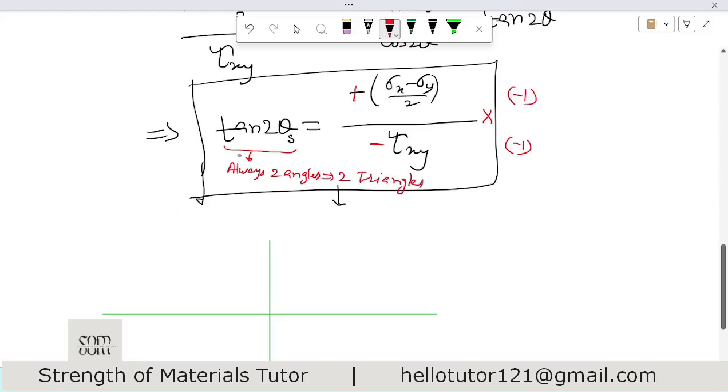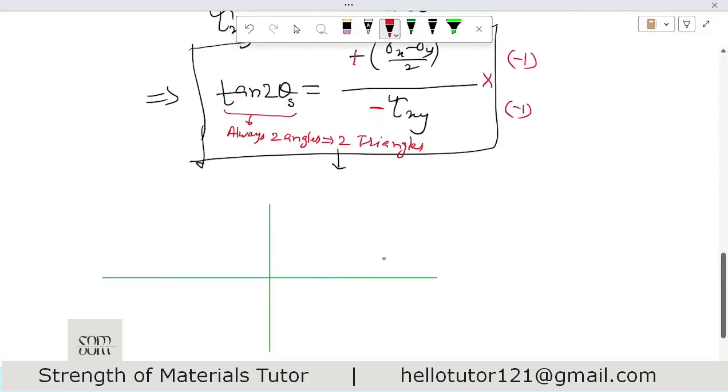So if you see the property, if you put this in the calculator and you put the real values, you will always get two values of theta. So it means this tangent function is a dual function. We have two values of theta, so we have to draw two triangles, but here it is always negative, right?